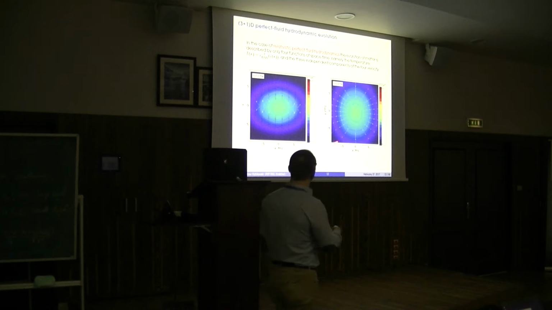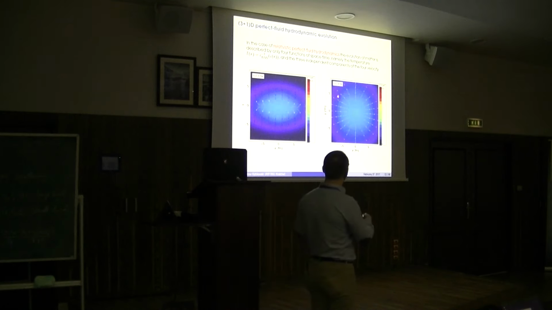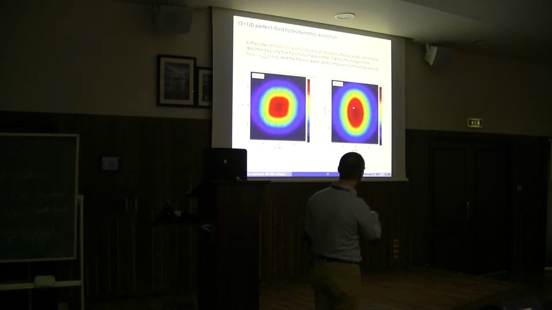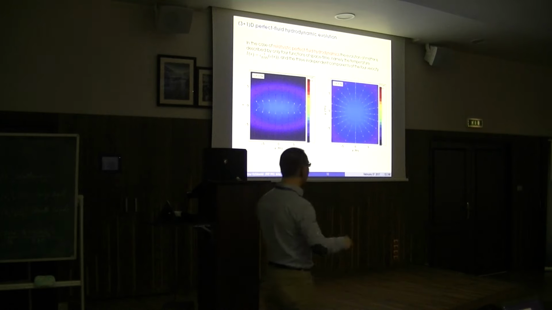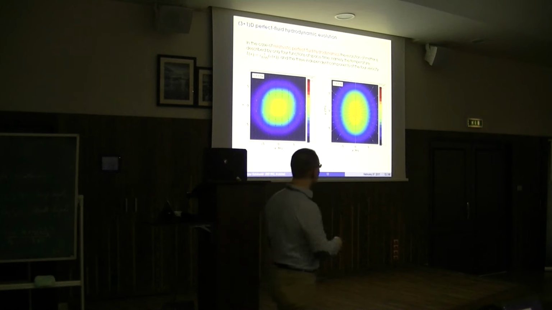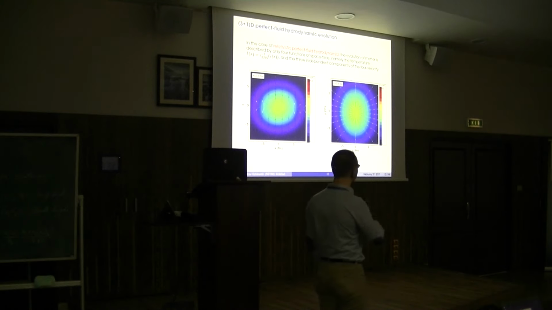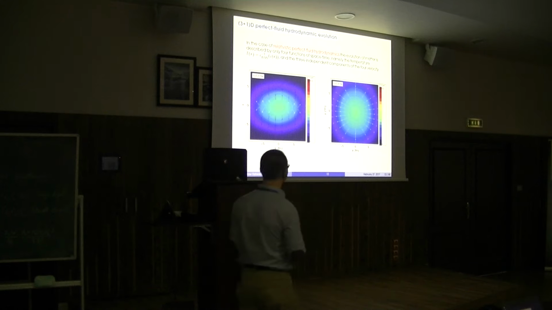And what you can see, according to the evolution, is that the system cools down, it expands, and also due to this elliptical shape, there is more flow in this direction. You can see the streamlines, which are collected more here than here, and then when the system dilutes, the flow is more or less symmetric along the transverse plane.